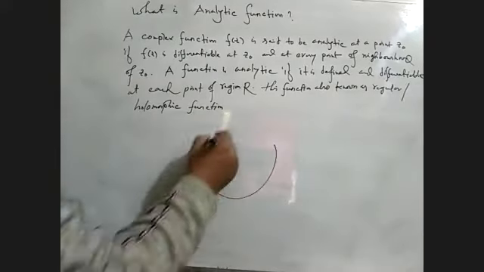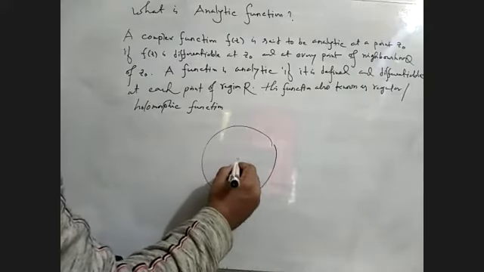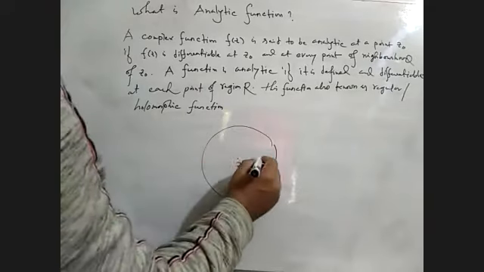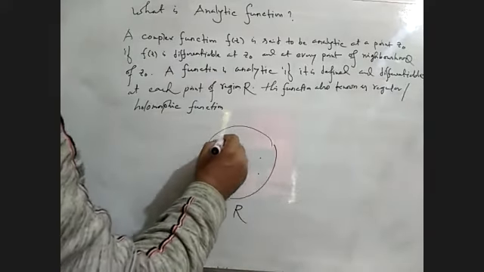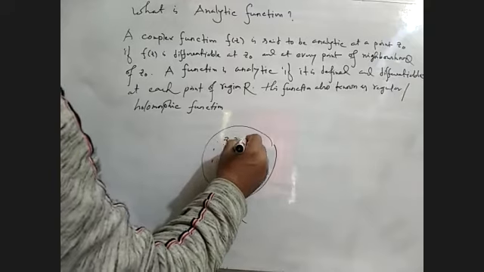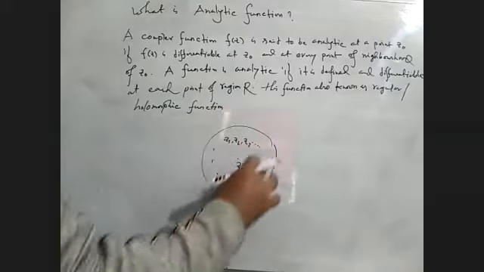Suppose this is the region R, and this is the center at Z0. There are many points starting from Z1, Z2, Z3, up to infinity. There are an infinite number of points.